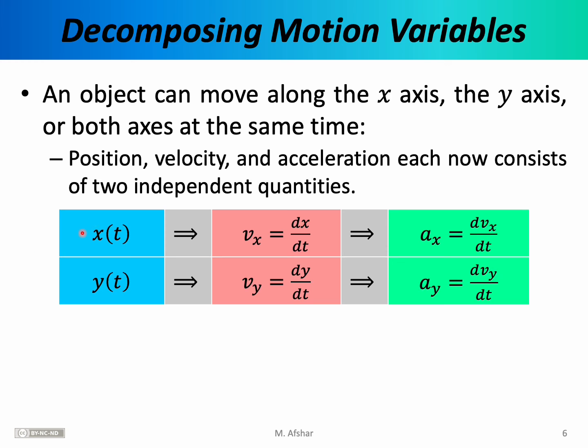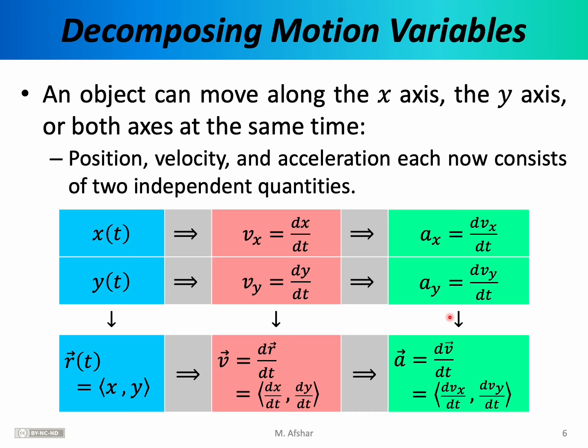We're going to talk about the x-coordinate and the y-coordinate at the same time. We're going to talk about how the x-coordinate is changing and how the y-coordinate is changing separately. So that'll give us x velocity and y velocity. And of course, each one of those velocities could be changing, which we denote by x acceleration and y acceleration.